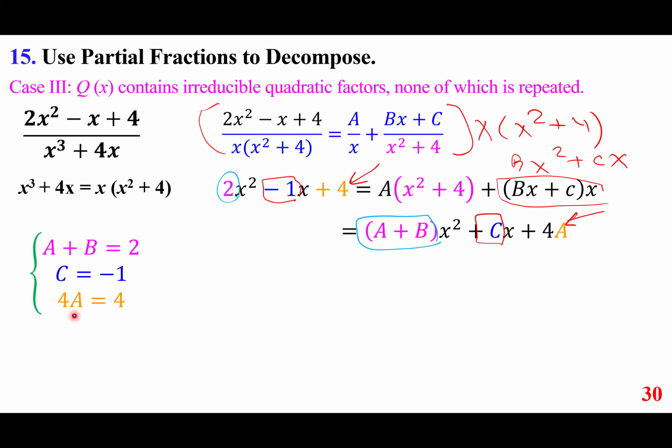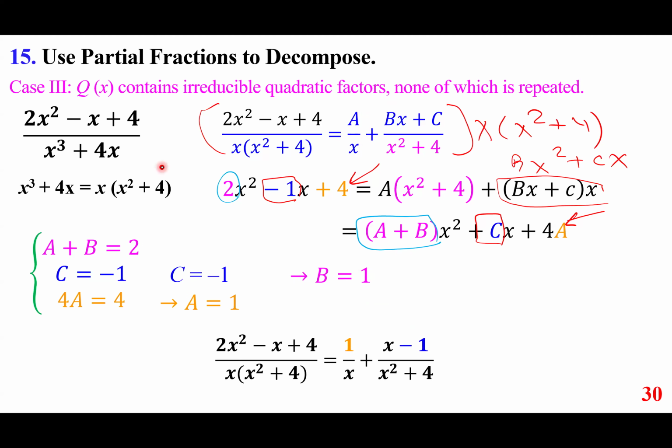This makes a 1. So if a is 1, plus what number is 2 makes b 1 as well, I'm sorry. And you go back here and replace the a with 1, b with 1, and c with -1.